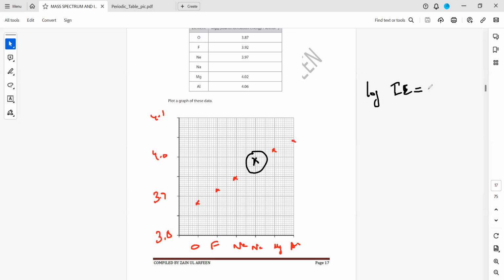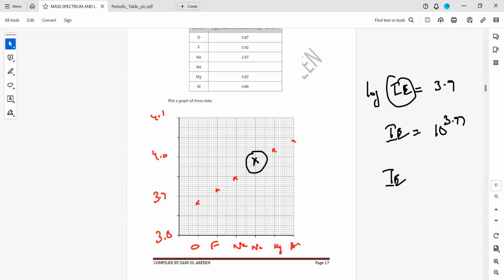Say the log of the ionization energy is 3.99. I need the ionization energy. So when we need the ionization energy, we take the anti-log, which simply means 10 to the power. So 10 raised to the power of 3.99 will give us the ionization energy.